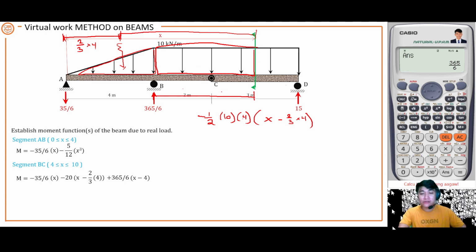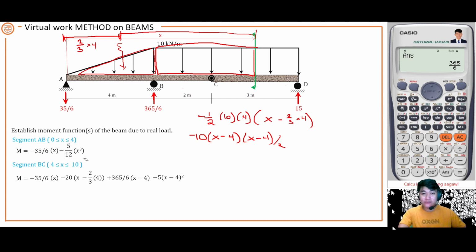Then for the uniform load, counterclockwise, negative 10 times x minus 4, the resultant, and then the distance is x minus 4 over 2. So that will be negative 5 x minus 4 squared. And that's it, no? That's your moment function, supposedly.